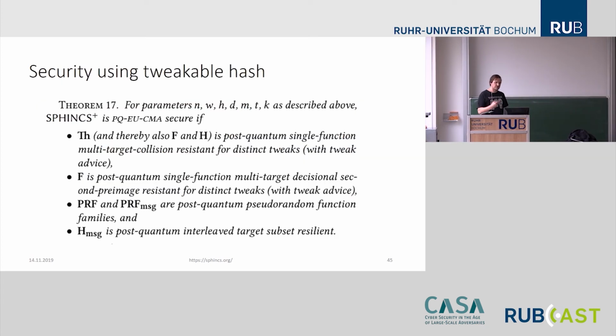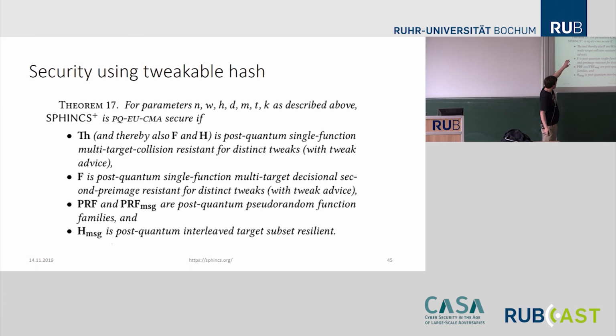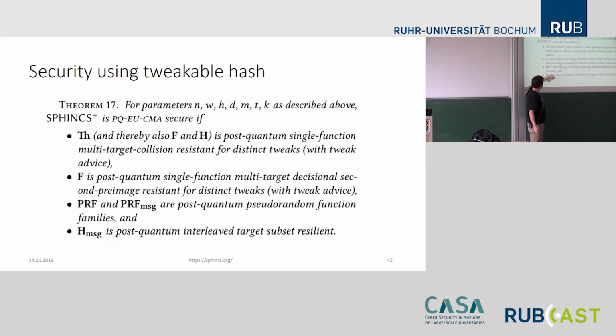And then from there we actually prove security of Sphinx Plus. And there, the tweakable hash functions need these 2 properties that I just mentioned. In addition, we need 2 PRFs. One to pseudo-randomly generate hashing randomness. So the same as you do in ECDSA, you actually take your message, process it with one part of your secret key as key for a PRF, and then the outcome is used in randomized hashing with the message again.